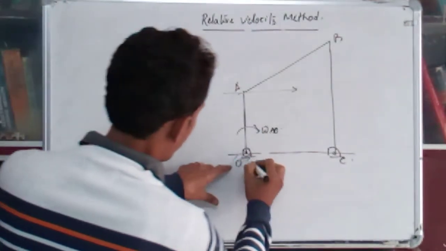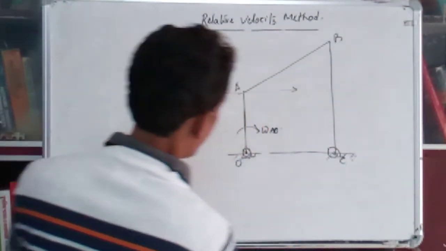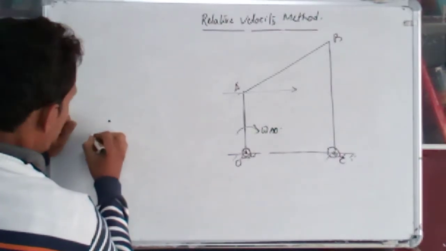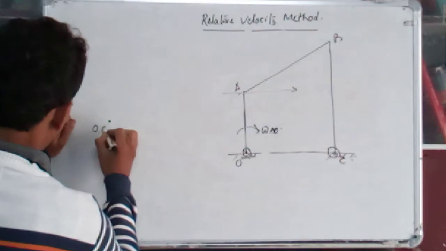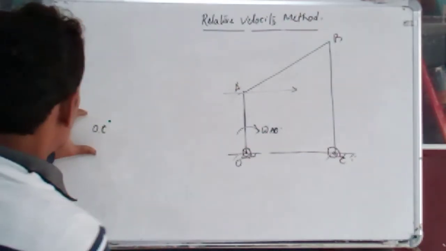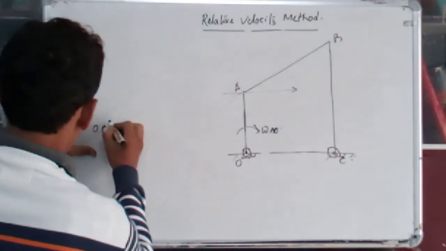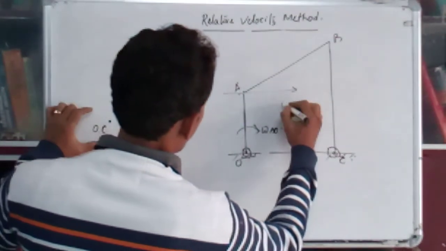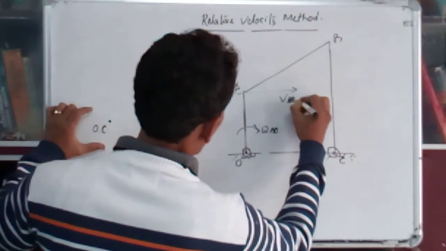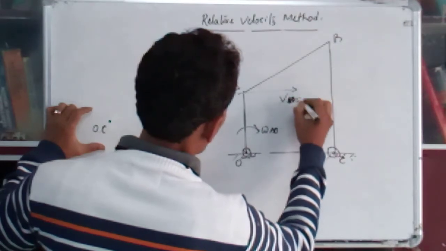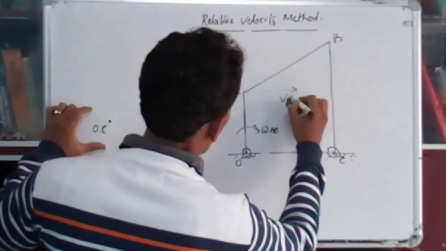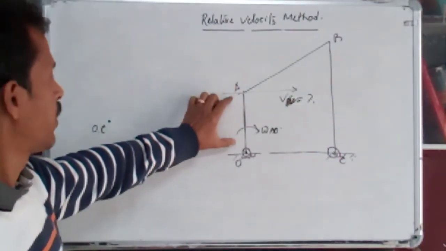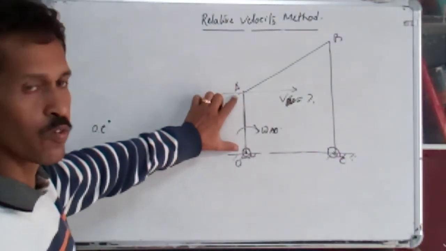As O and C are fixed, we take a reference point O, C. Then VAO has some value: V equals R omega, omega is known, this length is known.